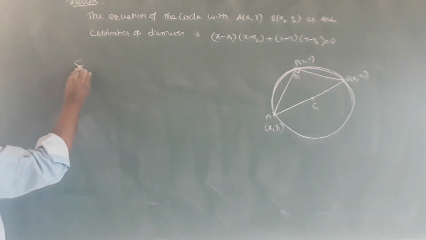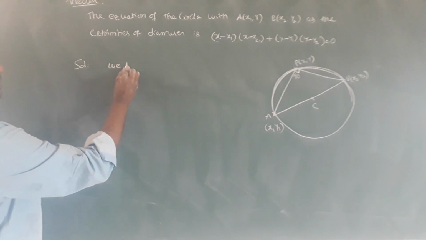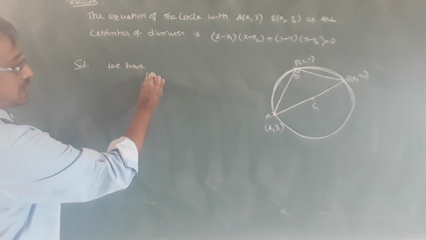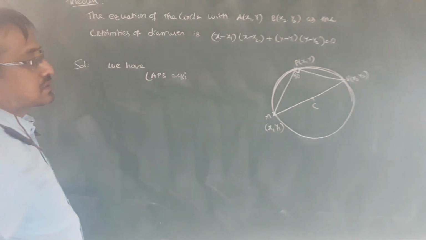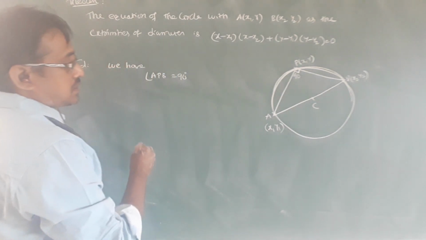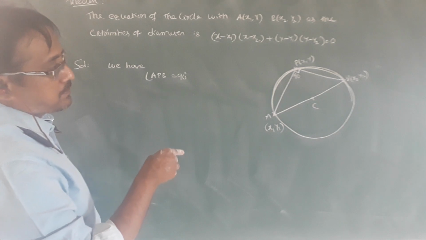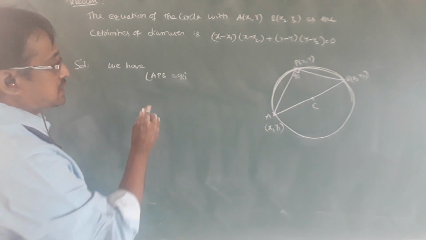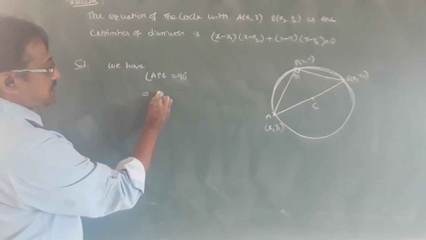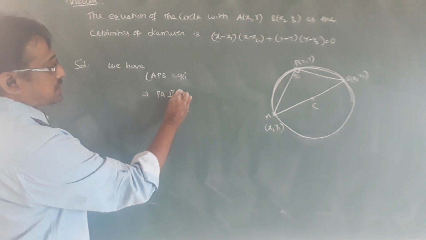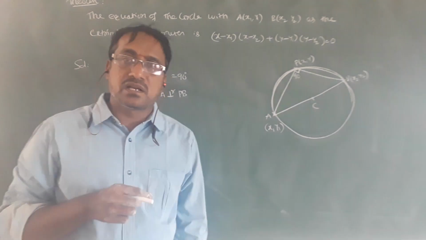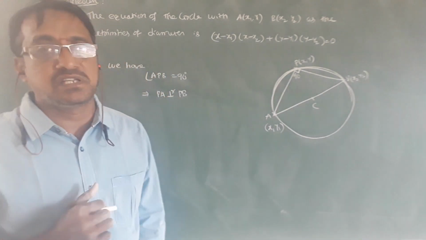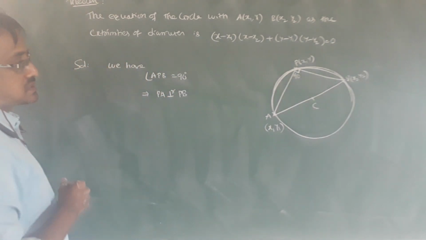So we have angle APB is equal to 90 degrees. That means these two lines are perpendicular: PA is perpendicular to PB. If two lines are perpendicular, then the product of their slopes is minus 1. We know that concept.